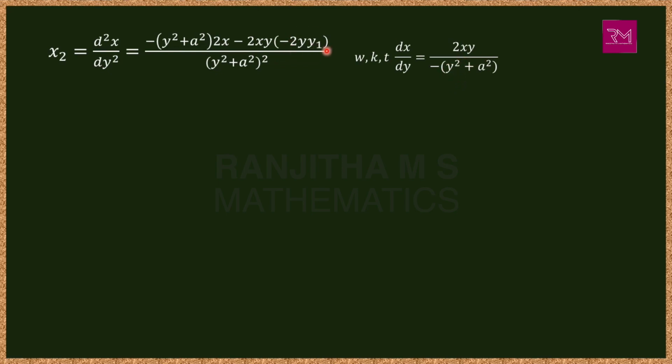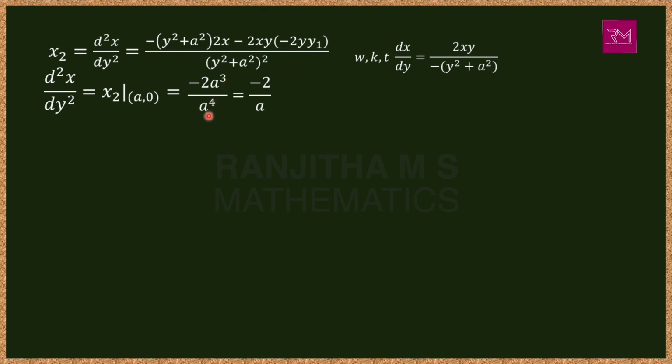Hence we get minus 2y y1 divided by denominator whole square, that becomes (y² + a²) whole square. In the next step, we substitute x as a and y as 0.